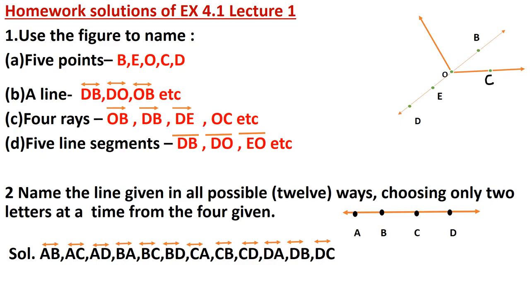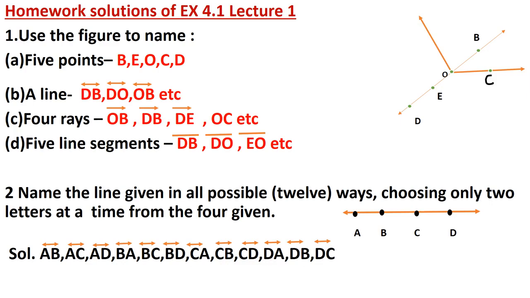Let us now discuss the homework solution of exercise 4.1 that I gave you in lecture 1 of this chapter. The first question was, use the figure and name 5 points. Points, you know. So it is B, C, O, E and D. Line: there are many lines.